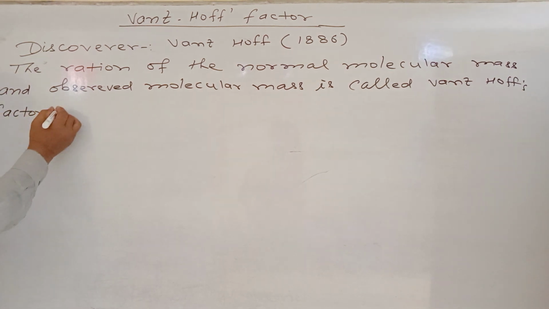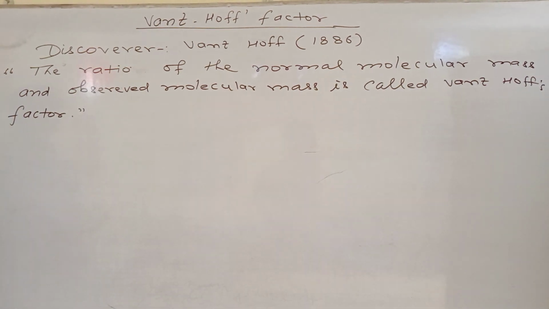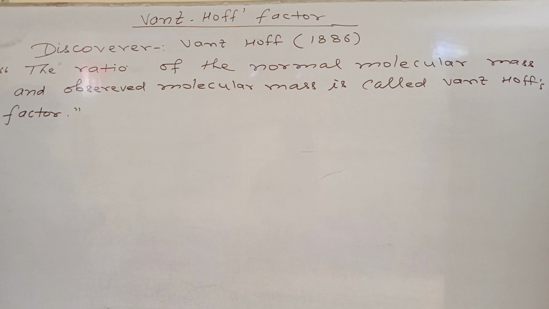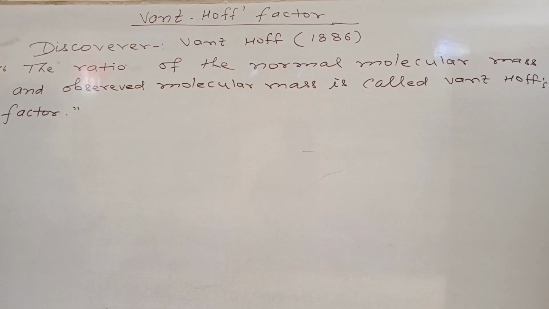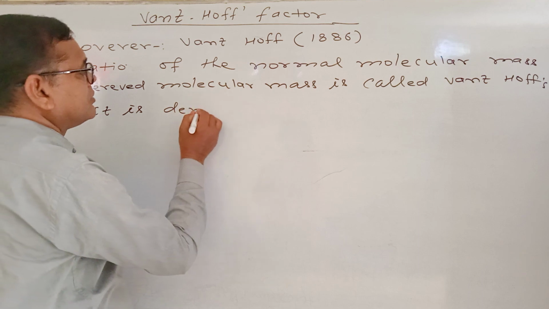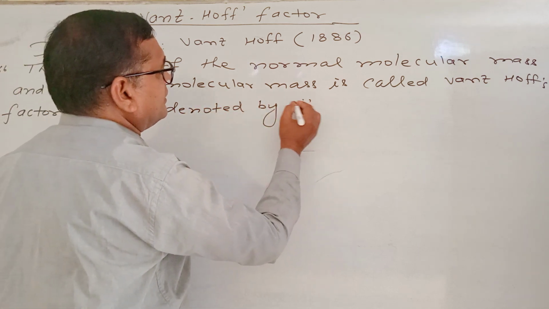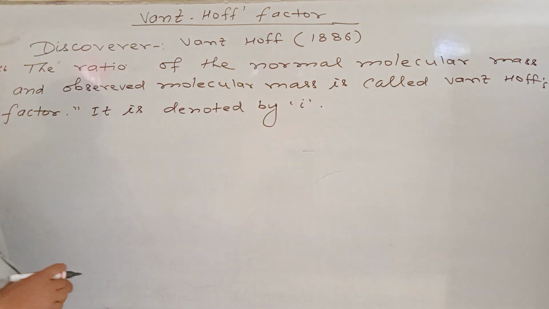It is a very easy definition. The ratio of the normal molecular mass and observed molecular mass is called van't Hoff factor. It is denoted by i.